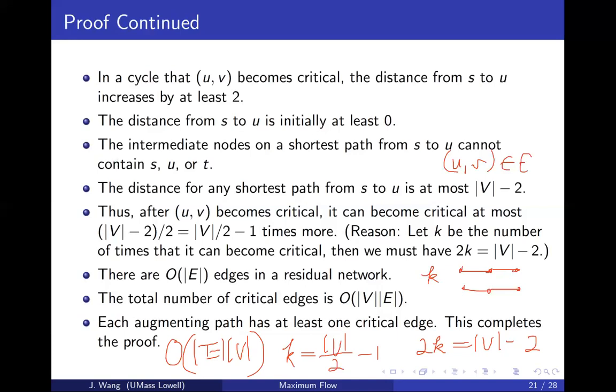So that means the Edmonds Karp algorithm is big O of E squared times V. That is the proof of the Edmonds Karp algorithm.